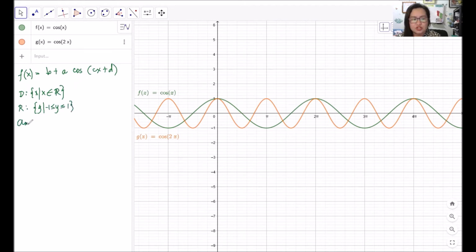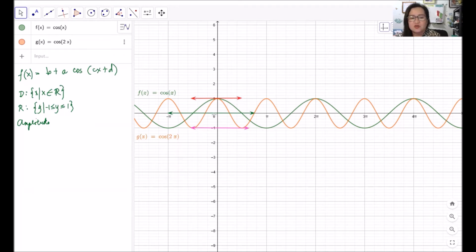For the amplitude, now as you can see, the midline of the two functions is the same, and their maximum value is also the same, which is at 1. The minimum value is also the same, which is -1.